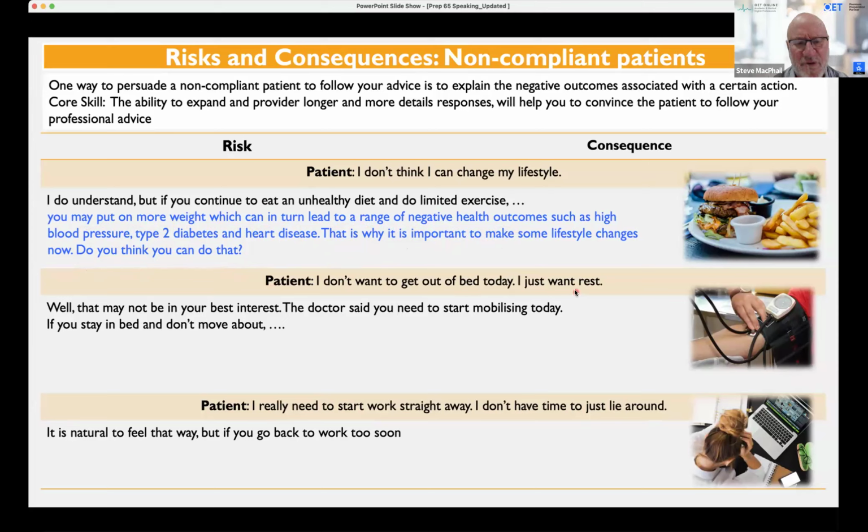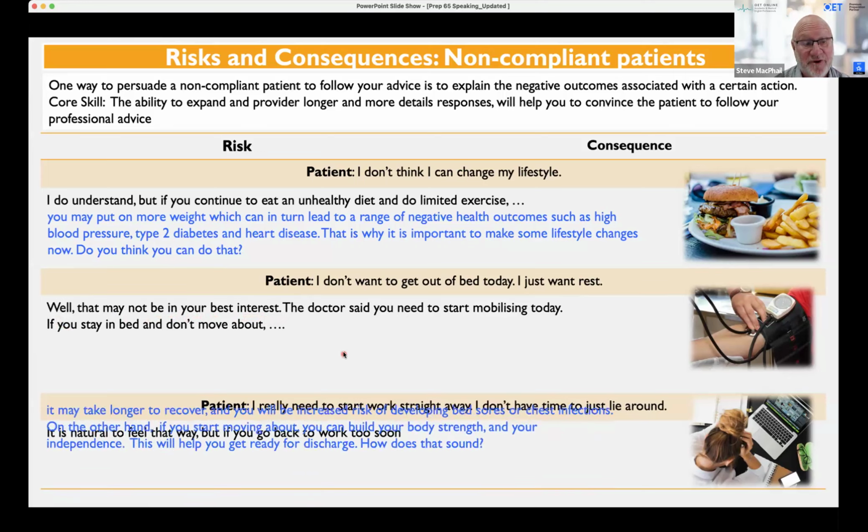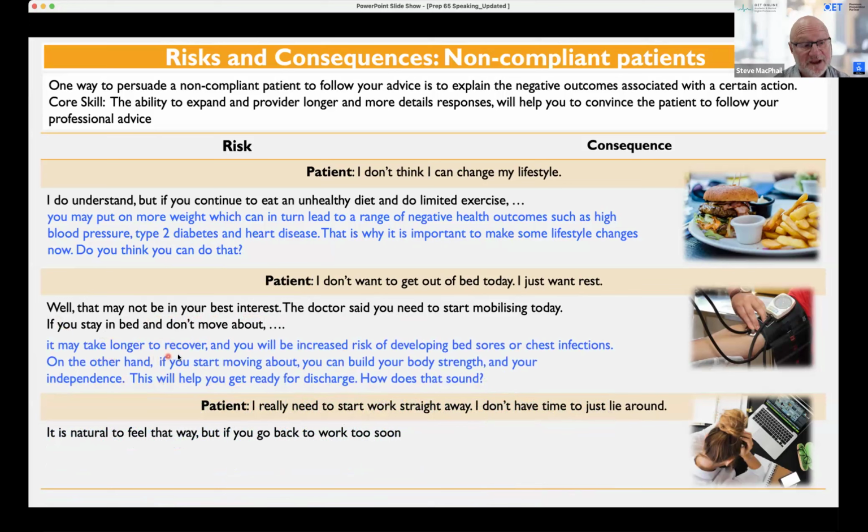I just want to rest." "Well, that may not be in your best interest. The doctor said you need to start mobilizing today. If you stay in bed and don't move about, it may take longer to recover, and you'll be at increased risk of developing bed sores and chest infections.